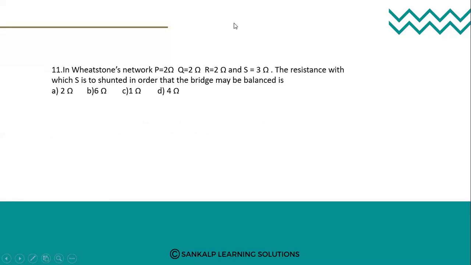So here, what they're asking, you need to imagine the Wheatstone network. You can take it as R1, R2, R3, R4, or you can take it as PQRS also. However you have learned in your college, you can take that.